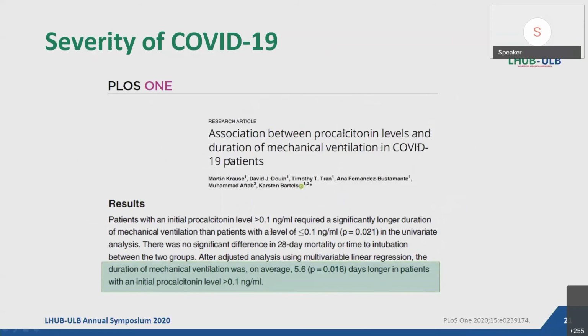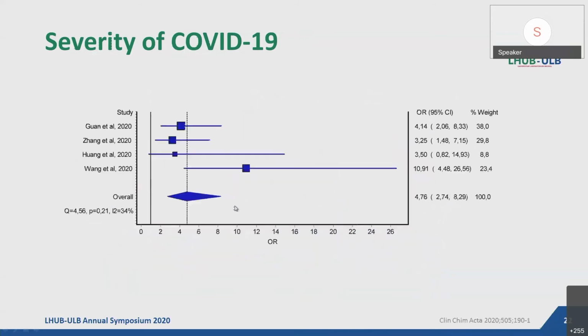Maybe this study is quite interesting because it showed also that high initial PCT values were associated with a longer use of ventilation. But it's also a reflection of severity, of course.